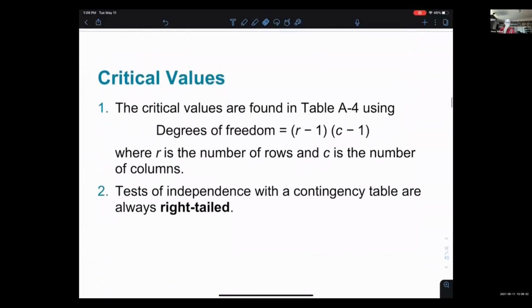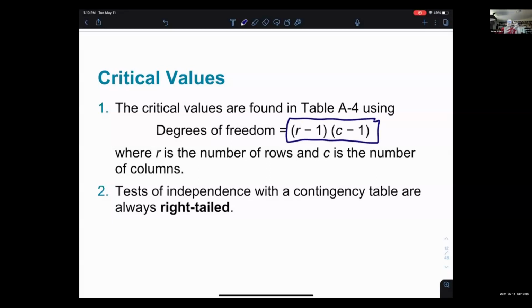So critical values, remember, we could be using a p-value method or a critical value method. And since this is a chi-square distribution, which is always a right-tailed test, basically, for the chi-squared, whether there's enough difference or not, degrees of freedom matter. So degrees of freedom in this case is the number of rows minus 1 times the number of columns minus 1.